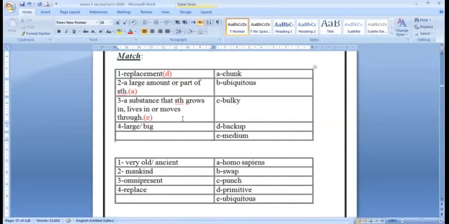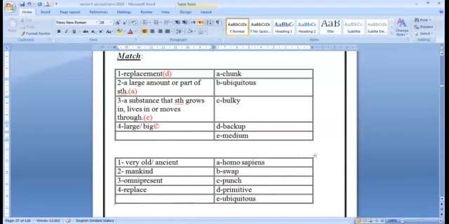Medium means a substance that something grows in, lives in, or moves through. Number four, large or big, of course, which is bulky. The word bulky means large or big.